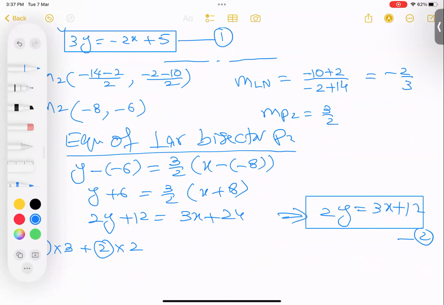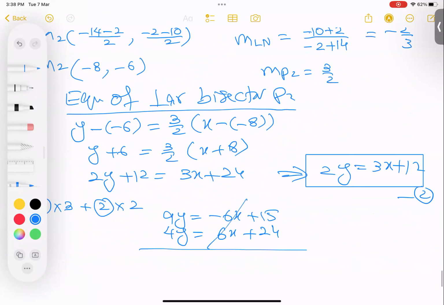Times 3, I get 9y, 6, and 15. And now this equation times 2, I get 4y, 6x, and 24. And cancelling out, I get 13y equals 39, and y becomes 3. So Alhamdulillah Rabbil Alameen, I got the y value.